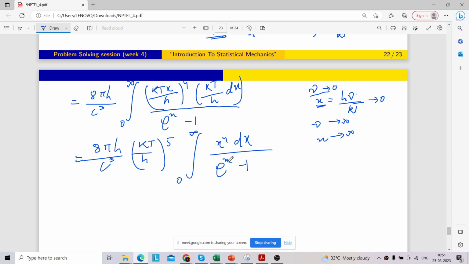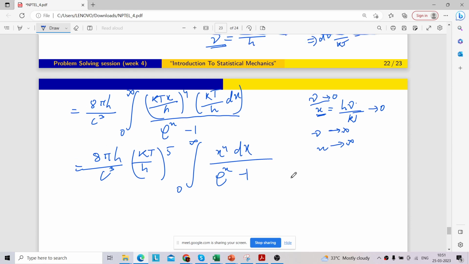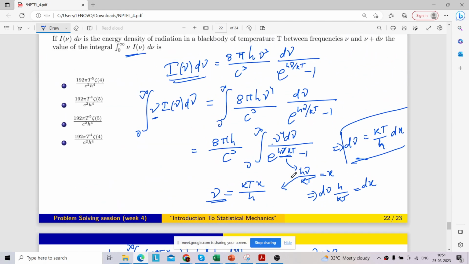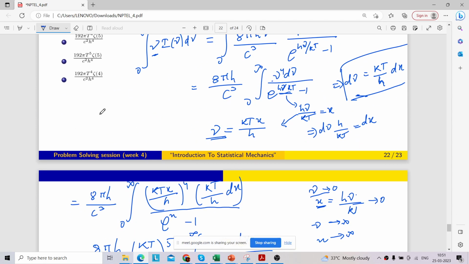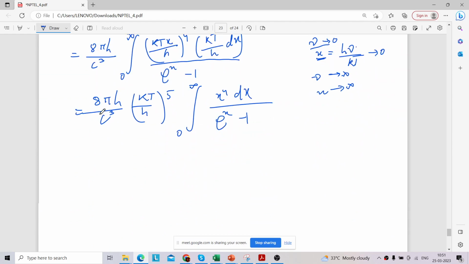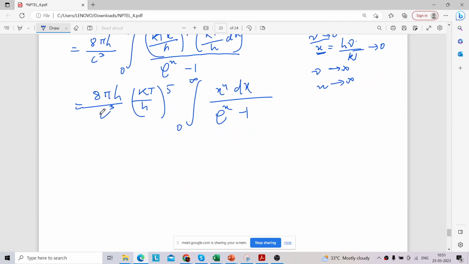You can do this integration by parts, or you can put this in some program and it will give you some value, but in this case I'll show you some other way of looking at this integration. In the answers we have the zeta function, so this integration must give a zeta function. Let's compare this with the zeta function. Zeta function also has an integral form.